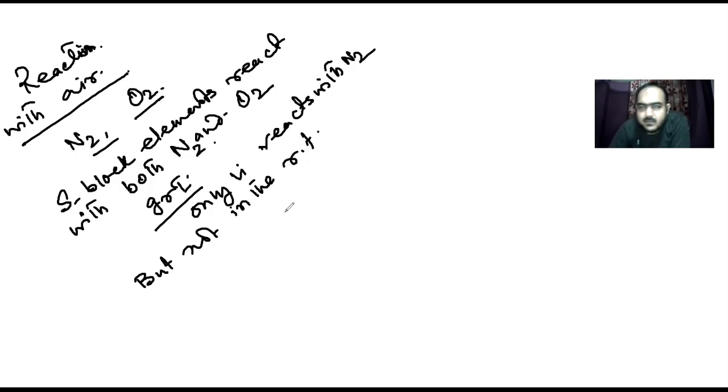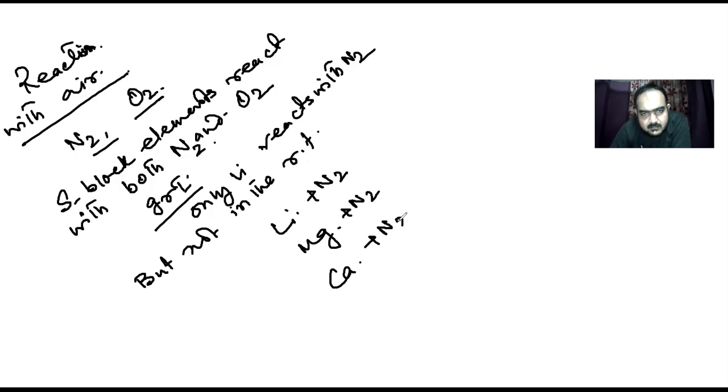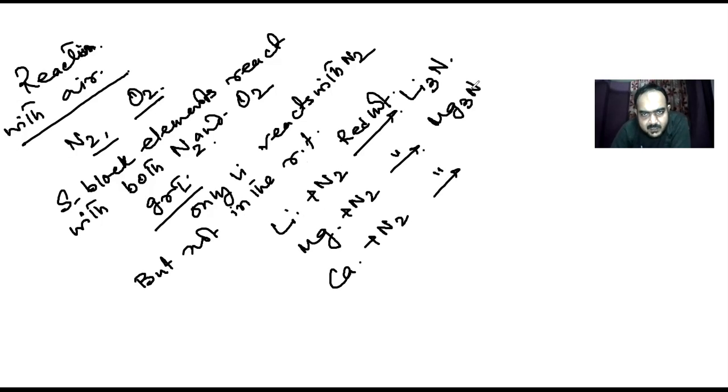Some elements such as lithium, magnesium, calcium, etc. react with nitrogen in the red hot condition. This will produce Li3N, lithium nitride, Mg3N2, magnesium nitride, Ca3N2, calcium nitride. These are also used in the production of ammonia.